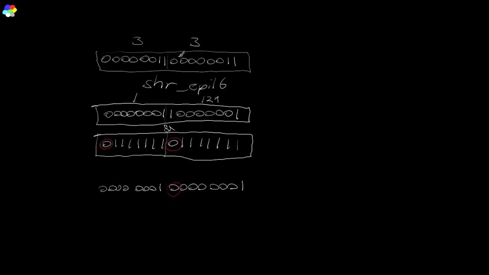Here's what would happen if we tried it. I mean, the smallest shift we have is shift 16. Imagine you have 2 packed bytes side by side. The values are 3 and 3, and you shift right. What are you going to get? You're going to get a 1 in here, which is correct. 3 divided by 2 is 1 when you round down.